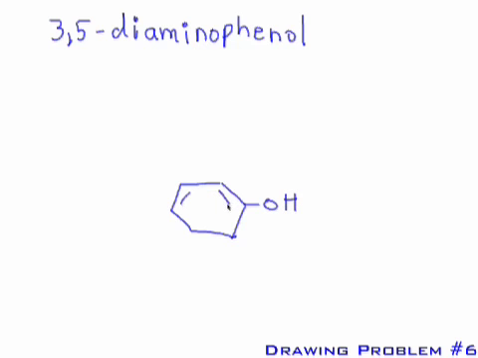And if you use the name phenol, then the OH gets number 1. So when you say 3,5-diamino, you count around the ring, 1, 2, 3, 4, 5. Your amino groups must appear at the 3,5 positions. And there they are. So 3,5-diaminophenol.